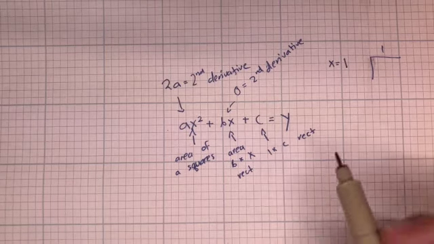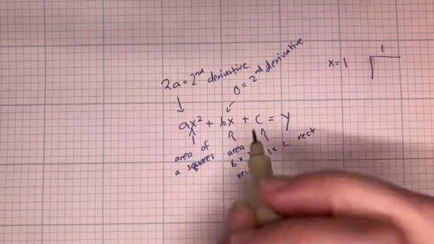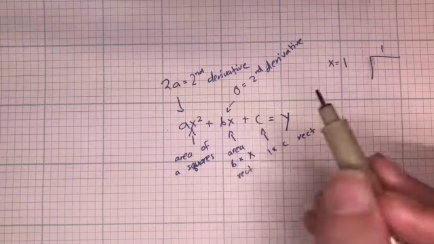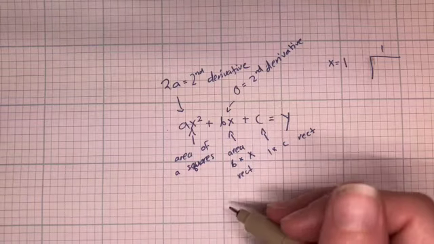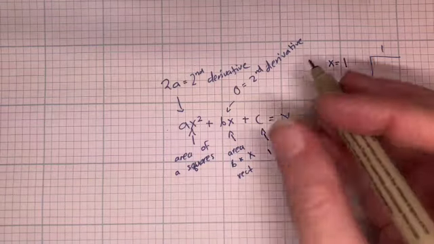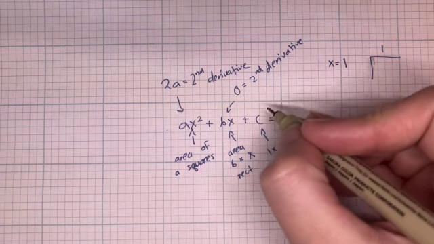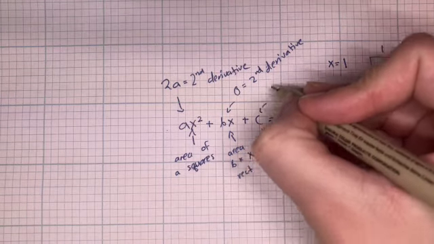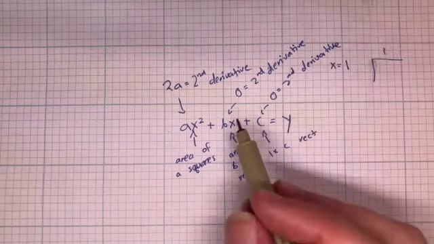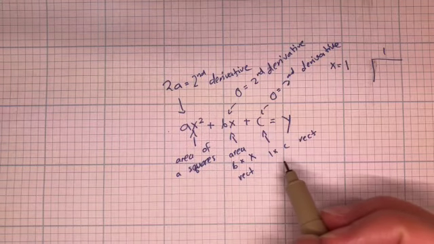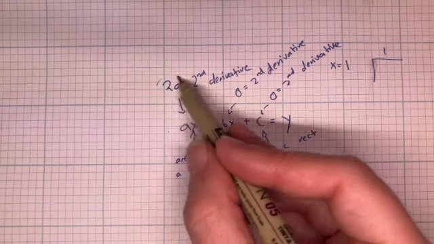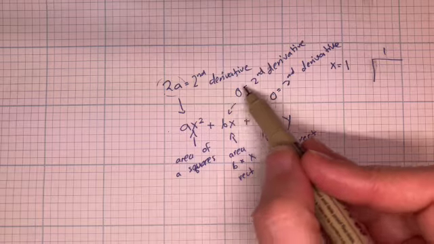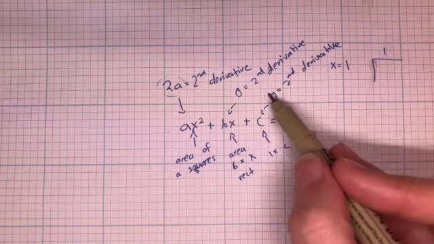For c, well, that's always just c. When x is 1,000, we add c. When x is 0, we add c. So c never changes at all. So its first derivative is 0 and its second derivative is 0. So if we look at how this whole thing is changing, the second derivative of this term is 2a, the second derivative of this term is 0, and the second derivative of this term is 0.